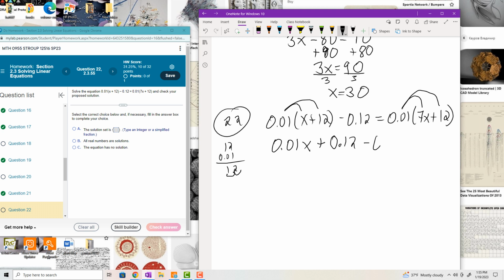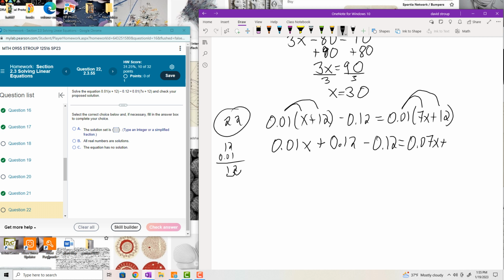And then minus 0.12 on the right. When you distribute, you get 0.07x. And then another, well, that's crazy, all these 0.12s in there. So 0.12. I'm going to simplify. So 0.12 minus 0.12, those will cancel each other out.